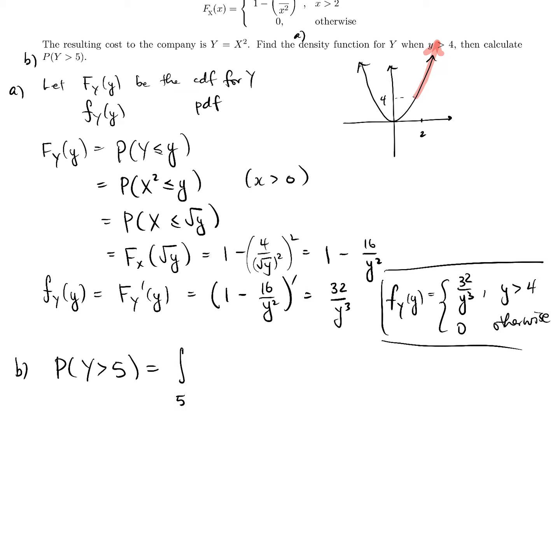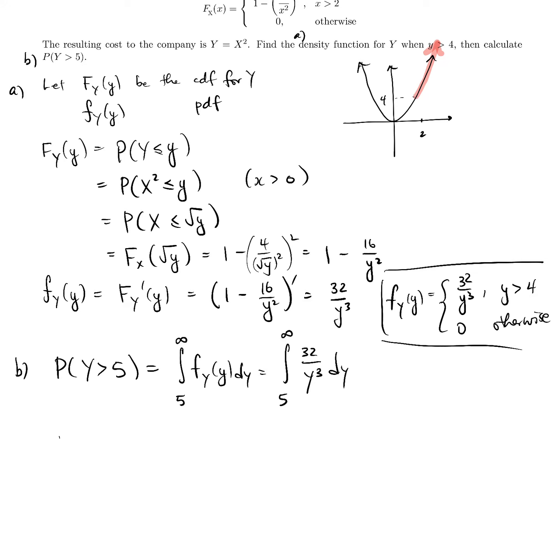So we would integrate from 5 to infinity of f sub Y of y dy, which would be the integral from 5 to infinity of 32 over y cubed dy. And 100%, if we did this integral and took the limit because it's an improper integral, we would get the right answer. There is, however, a quicker and easier way to do it that uses some work that we've done previously.